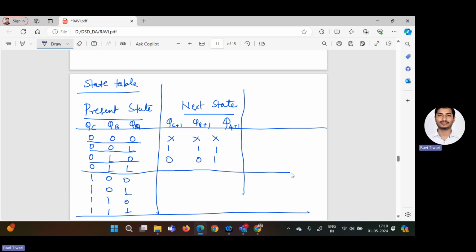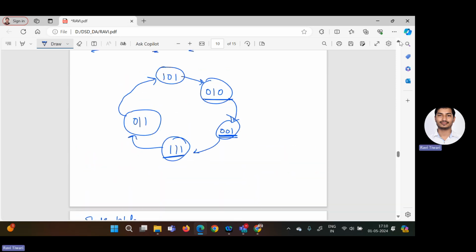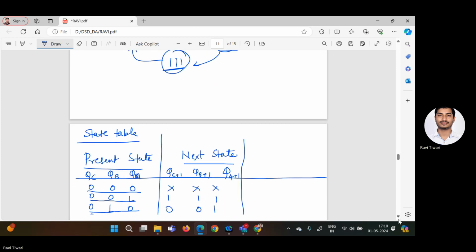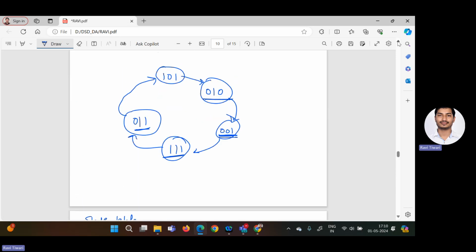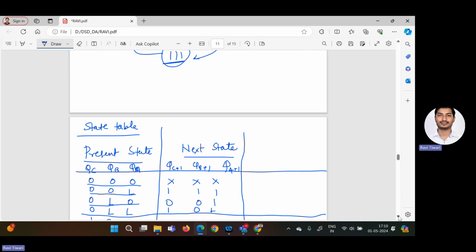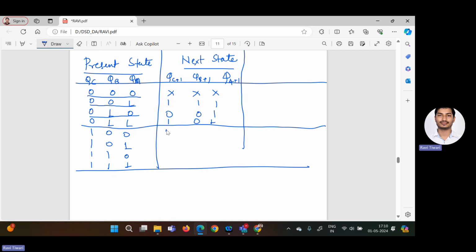Now, if you are in state 0, 1, 1, then the next state will be 1, 0, 1. Now, if you're in state 4, what will be the next state? If you see the state diagram, there is no state which has the value 1, 0, 0. That means it's a don't care because we cannot tell the next state after that. So it's a don't care condition.